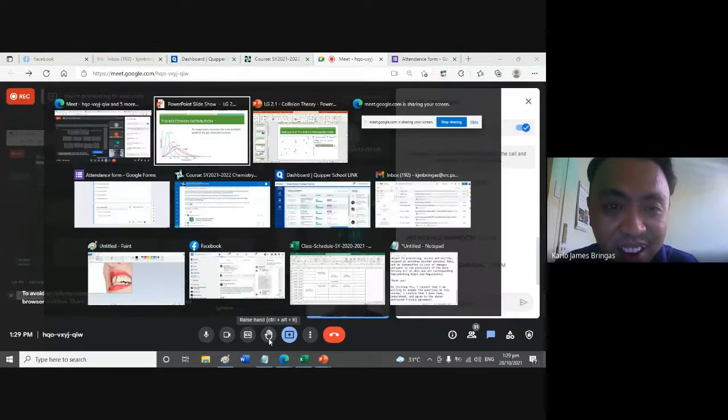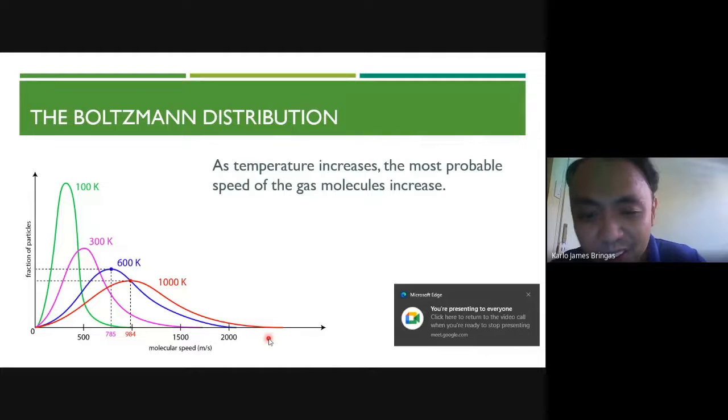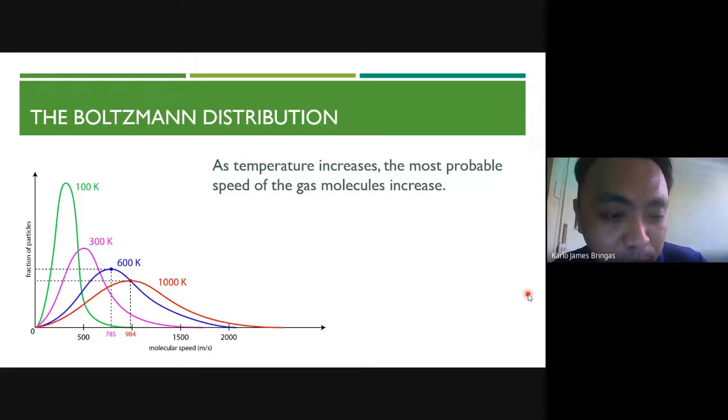Okay, I can't read the chat box, so feel free to turn on your mics and tell me, is there any other trend that you observe when we increase the temperature for our graphs?